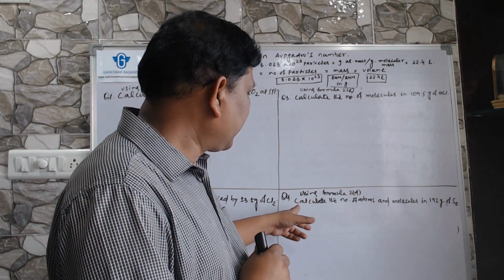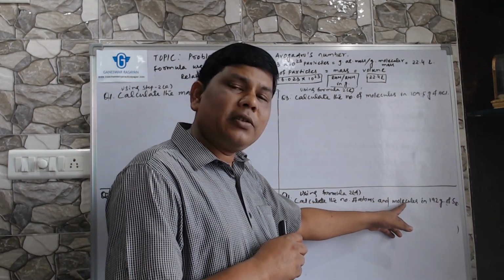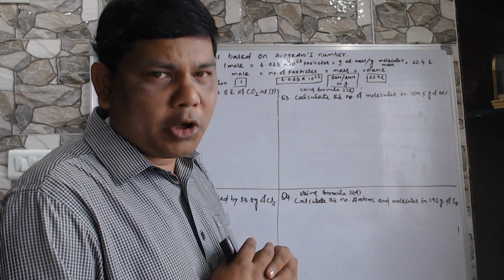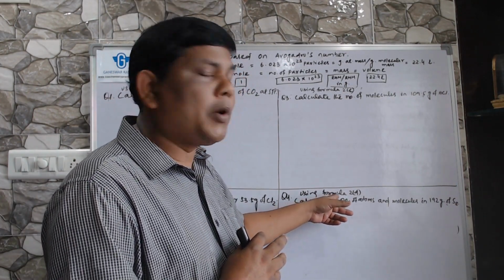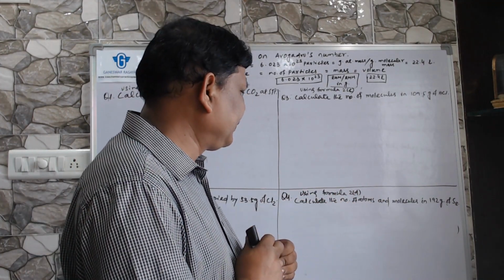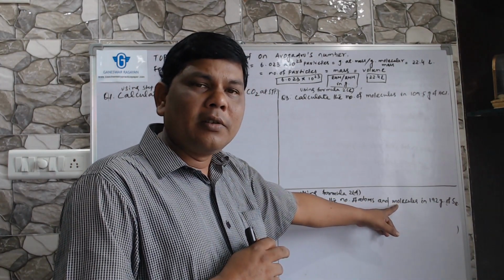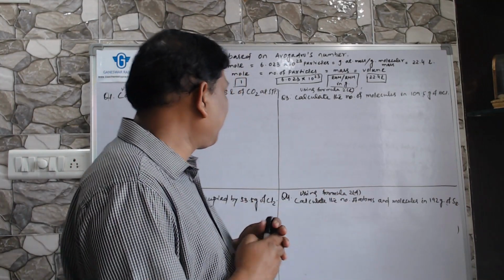Question number 4: calculate the number of atoms and molecules in 192 gram of S8. S8 means sulfur molecule. So here we are going to use formula 2D. We will calculate the number of moles for the molecules so that we can use formula 2D.